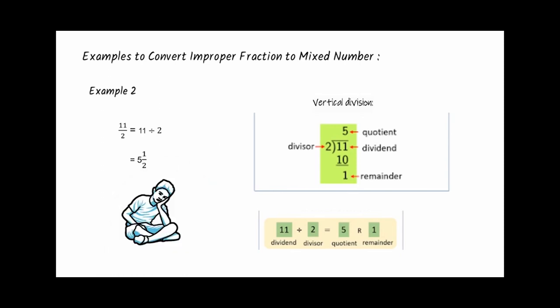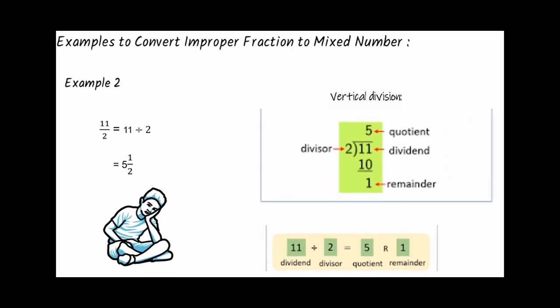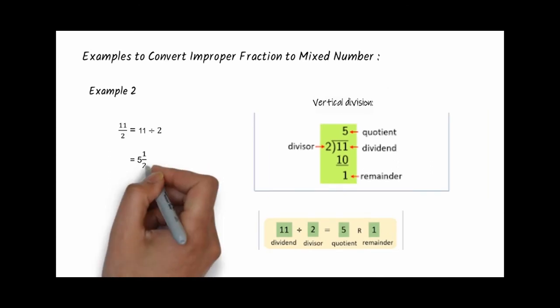So 5, the quotient, is going to be the whole number in the mixed number. The remainder 1 is the numerator of the fraction in the mixed number. And the divisor 2 is the denominator in the fraction for the mixed number. So our final answer is 5 1/2.